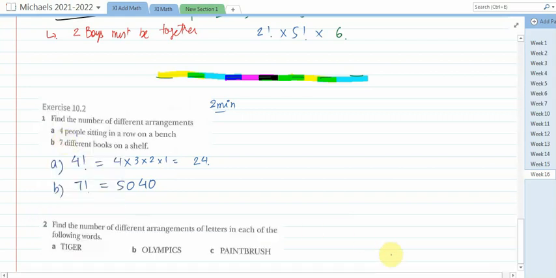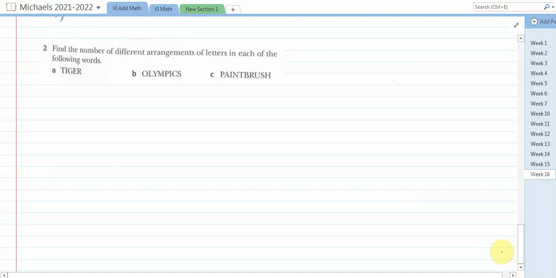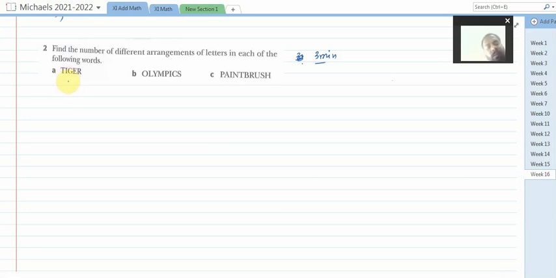Alright. It says find the number of different arrangements of letters in each of the following words: tiger, Olympics, and paintbrush. For all 3 parts, you have a time of 3 minutes, not 3 factorial, 3 minutes, so start. Alright, for the first part, tiger, you can count the number of letters.